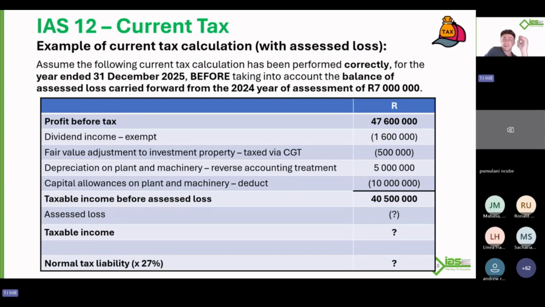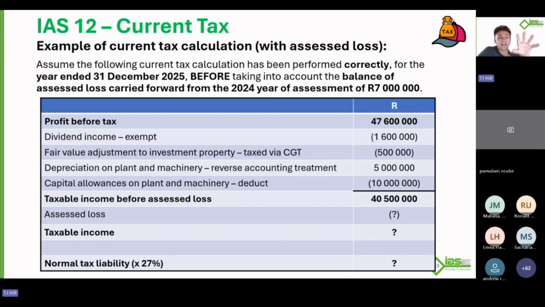Okay. So the flow is you will first always do your current tax calculation. Do that first before you go even close to deferred tax. As you described correctly, we start, and here's an example up on the screen now, with profit before tax and we make our adjustments for the differences to get to taxable income.